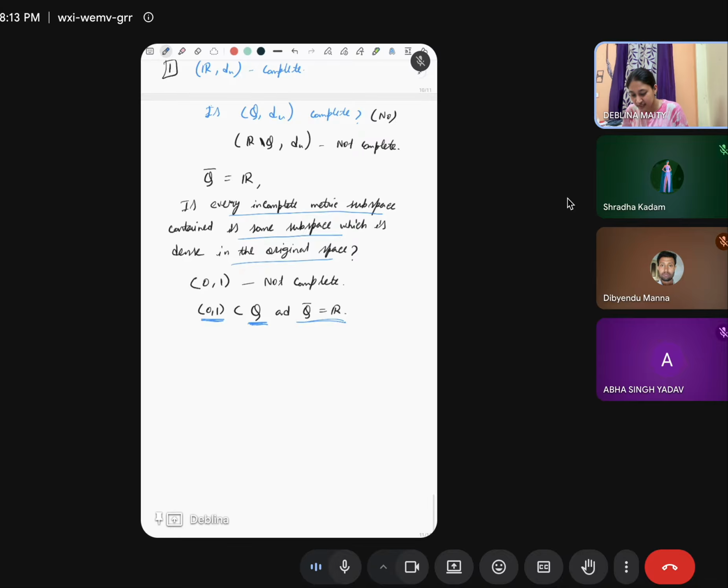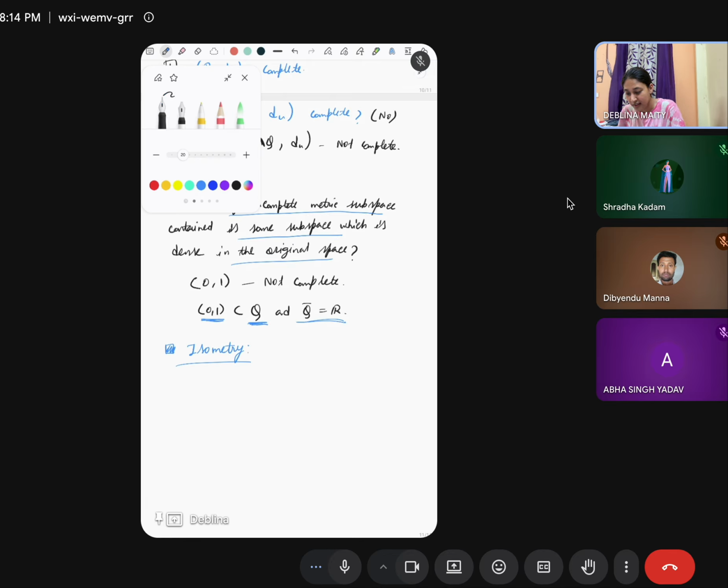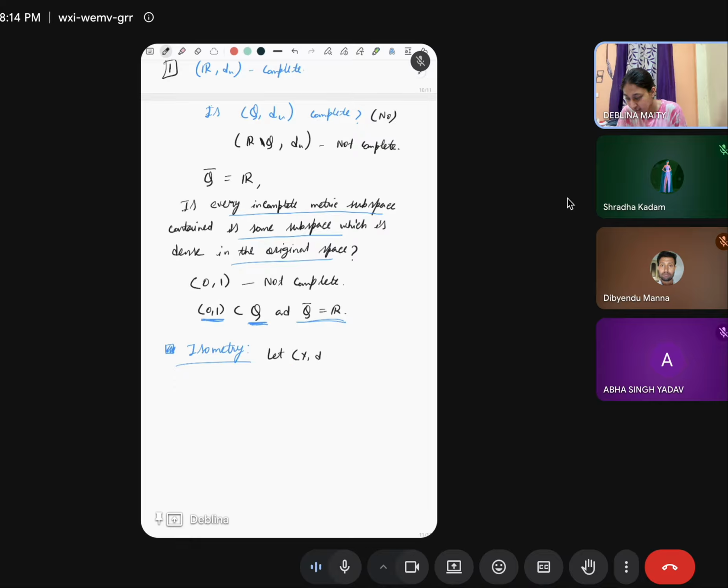So first we need the definition of isometry. This is a function. Isometry means it preserves the metric, it preserves the distance. So let (X,d1) and (Y,d2) be two metric spaces.